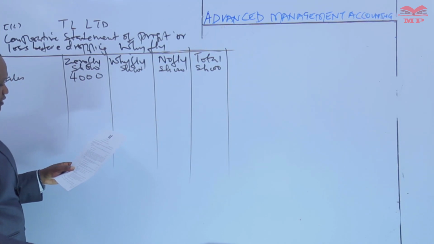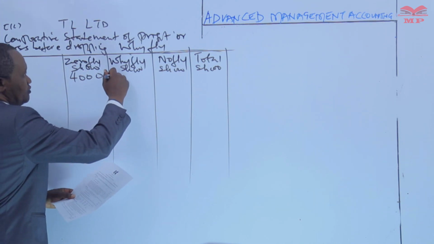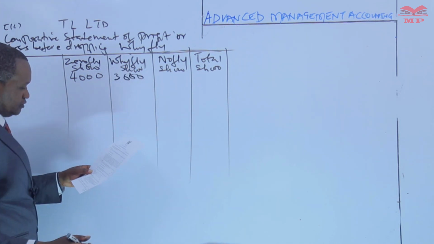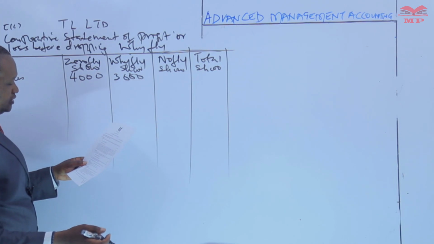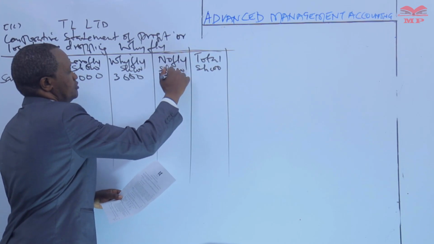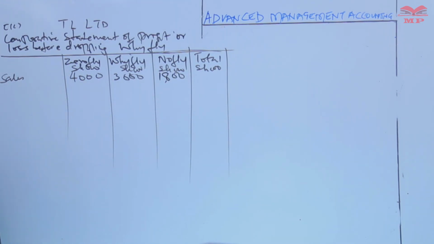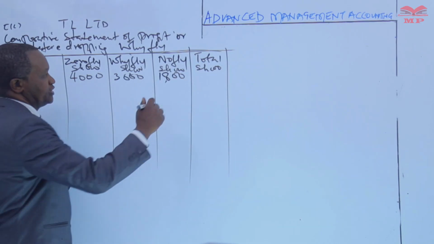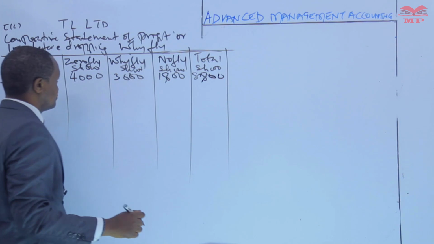Then for Y-Fly, 20 times 150. Is it 3 million? 30 times 60 for No Fly. Is it 1.8 million? Please, if you have a calculator, confirm. 8.8 million. That is the sales, 8.8 million.